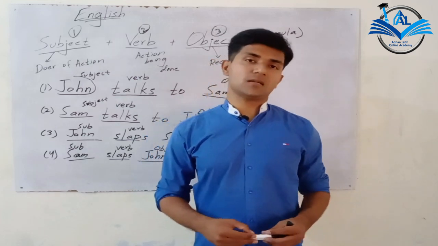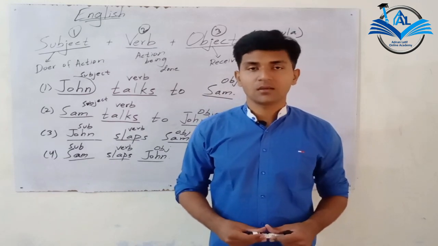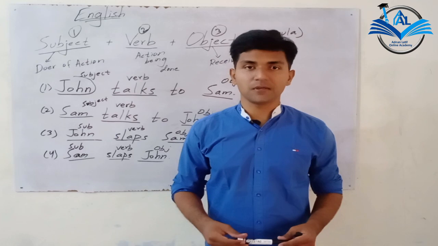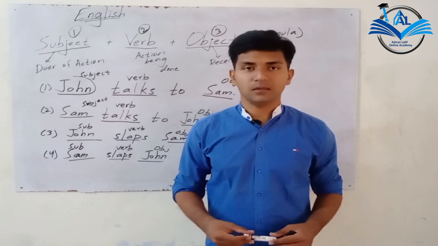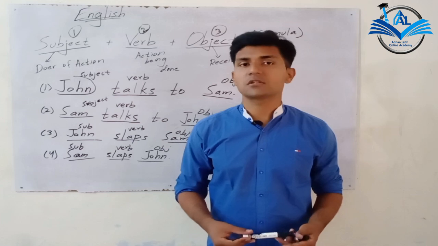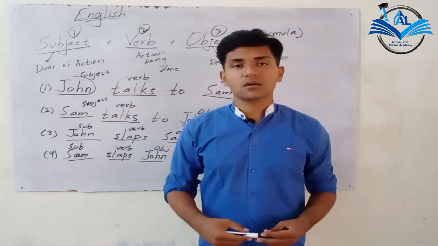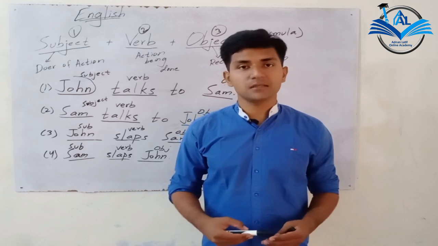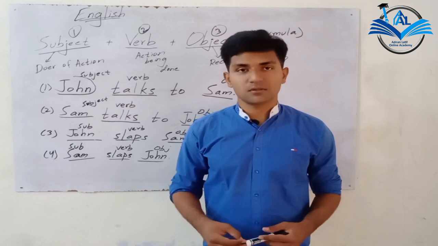There is another example. If a teacher is standing in the class and he is delivering a lecture, the students are sitting in front of him, and he is teaching them English. The students are all silent and listening to him, and the teacher is talking to them.